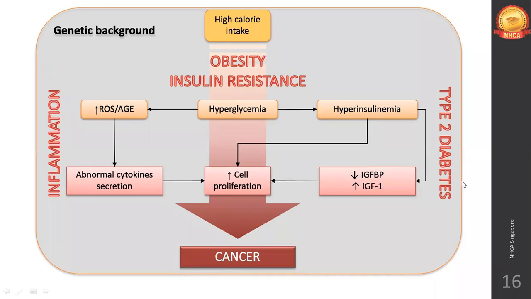You can have type 2 diabetes, or insulin resistance can lead to some chronic inflammatory diseases. So these two, inflammatory diseases and diabetes, have a direct correlation with getting cancer. Why? Because too much cell proliferation is taking place in both cases. Yes, obesity and uncontrolled diabetes can be a factor for cancer.